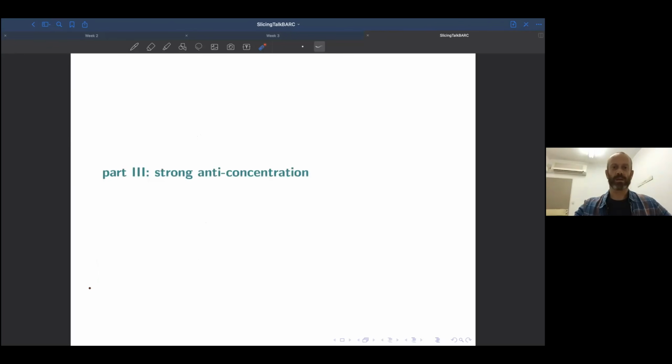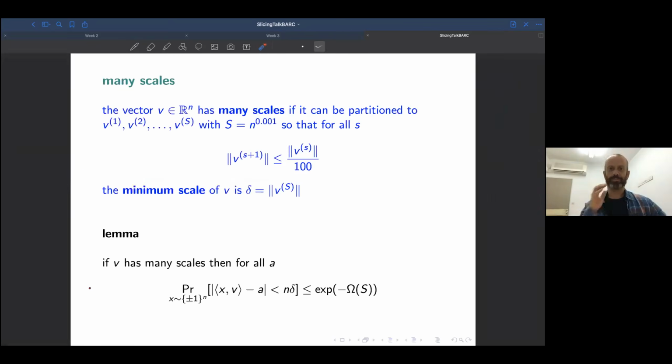Okay, so the next part is understanding anti-concentration, but in a very strong sense. This I will tell you what I mean. So, okay, this is the slide on this topic. Here we have a definition.